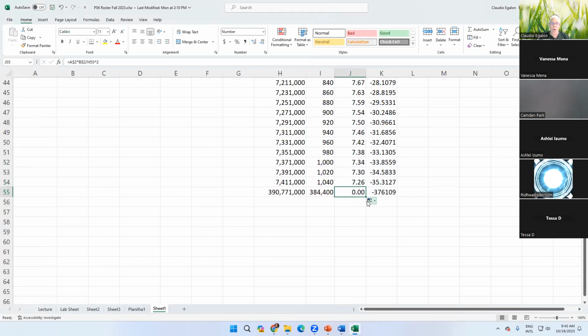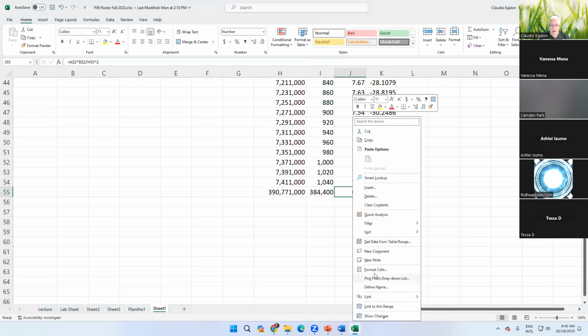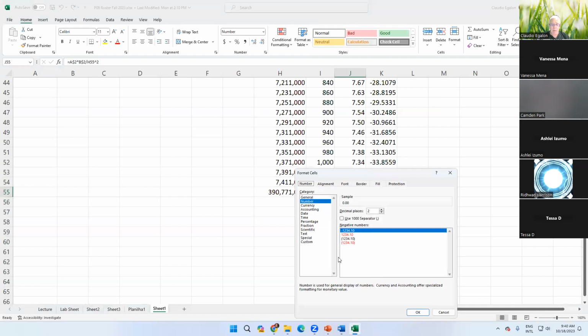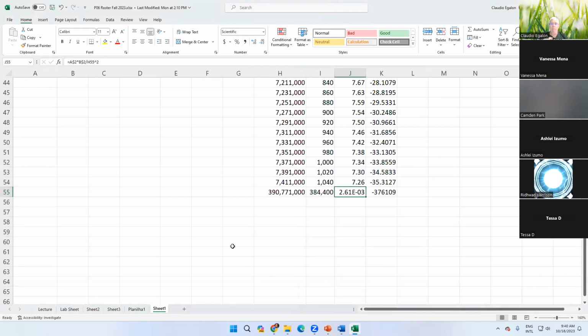Wow, it's very small because it's very far away. See that? And I'm going to put that in scientific format so we can see, yeah, in milli-g's.